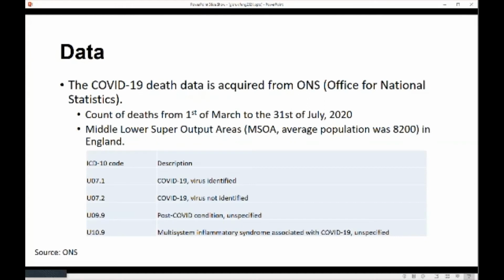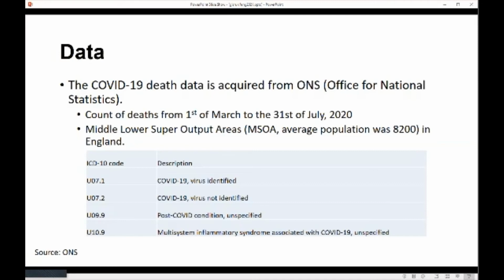In terms of the data, we get data from ONS. The data is count data, the number of deaths for each middle super output area from the beginning of March to the end of July, so it covers the whole period of the first wave.